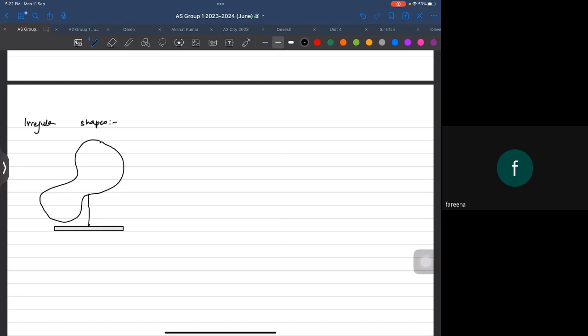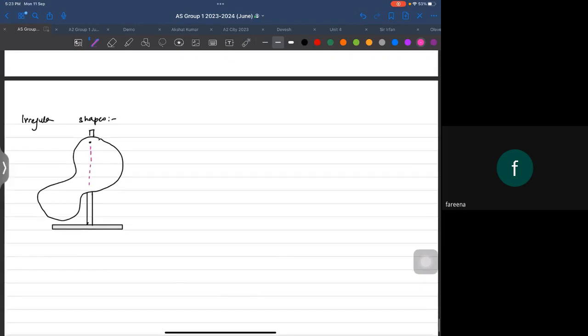We pin it from one point, and you might remember that we draw lines and stuff like that. But that's not important. What you need to remember is that this is the line of action of the pivot, and if you apply a force onto this from some side, the moment would be this force times this perpendicular distance. That's causing it to move.